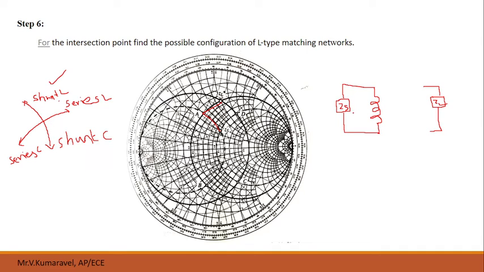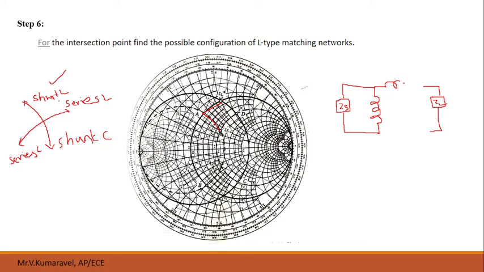Now from A we have to travel to ZL conjugate. It will be on a resistance circle in the upward direction. On this resistance circle, if it moves in the upward direction, it will be a series inductor.